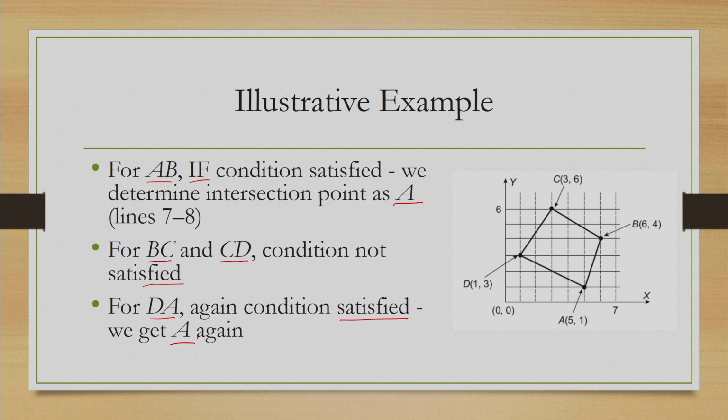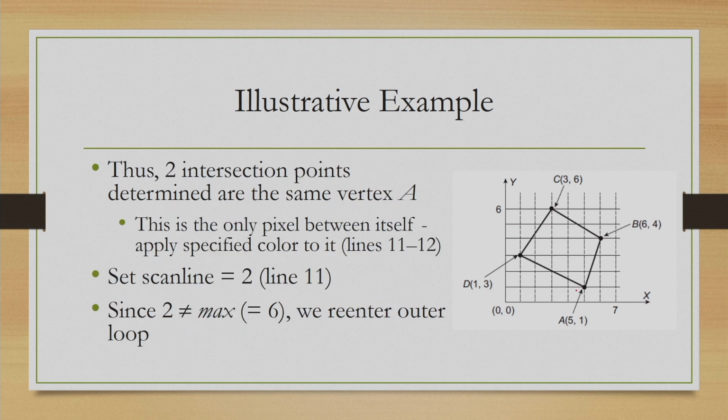So, the intersection point is only A. Since it is already a vertex, there cannot be any intermediate pixels. So, we get 2 intersection points which is the same vertex A, thus it is the only pixel and we apply the specified color.